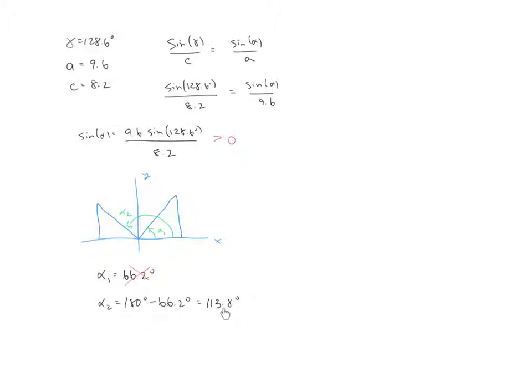Similarly, if I take 113.8 and I add it to 128.6, that exceeds the allowable 180 degrees in a triangle. So also this guy is not going to work. So therefore, the conclusion from this problem is that under these conditions, there are no triangles possible.